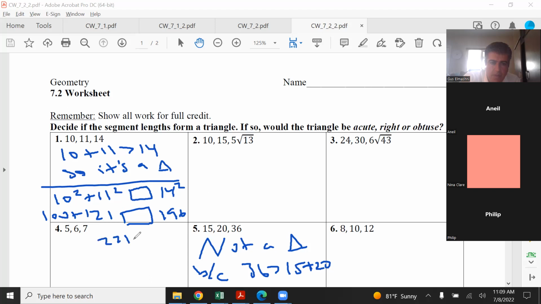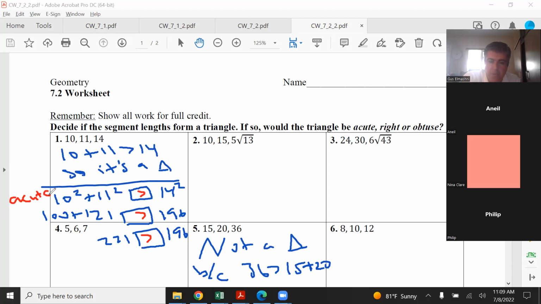Well, 221 is definitely bigger than 196, right? 221 is definitely bigger than 196. So in that case, that's going to be acute.